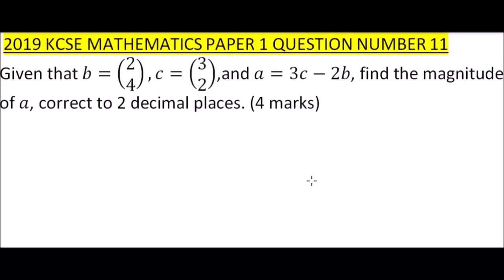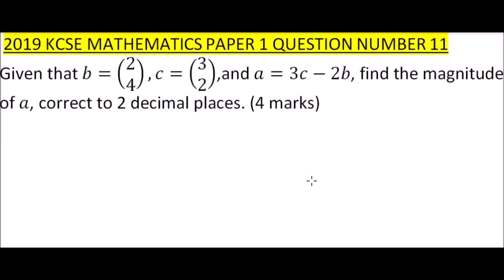Number 11, 2019, paper 1, we are told, given that B is equals to (2, 4), C is equals to (3, 2), and A is equals to 3C minus 2B, find the magnitude of A correct to 2 decimal places. You get yourself 4 marks. So let's ask ourselves, what do we need to know? These are called column vectors.